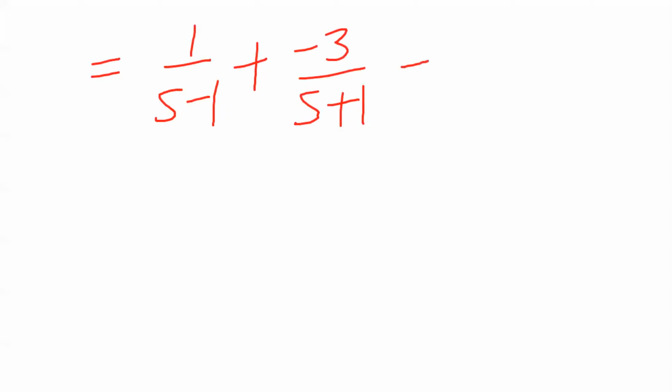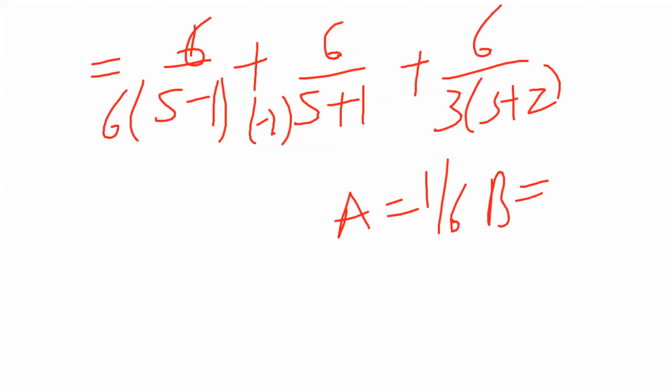The third value is 6 by 3, which is 2, by s plus 2. So A value is 1 by 6, B value minus 1 by 2, C value 1 by 3.